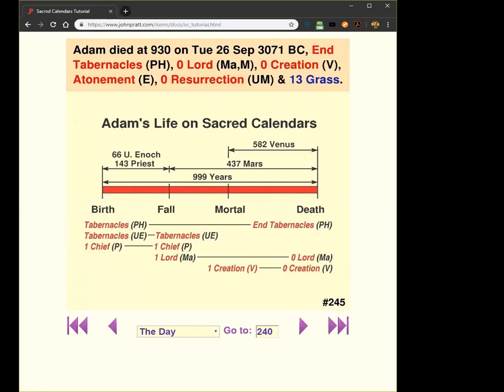So you see on this one, there's 3 different start places: birth, fall, and mortality. And they all end at death. So that's another example of 3 start dates and cycles to show that they're basically equally important.